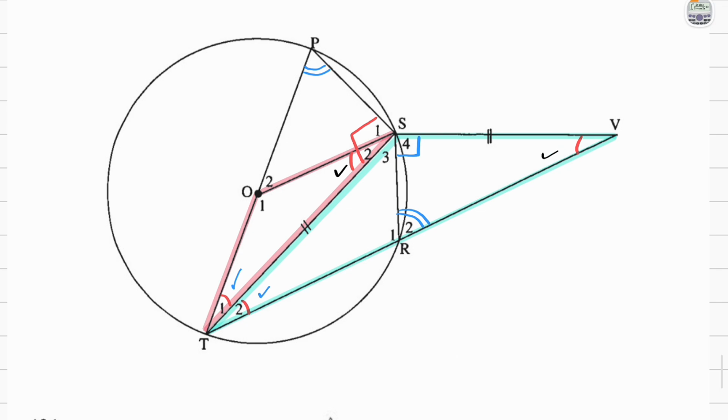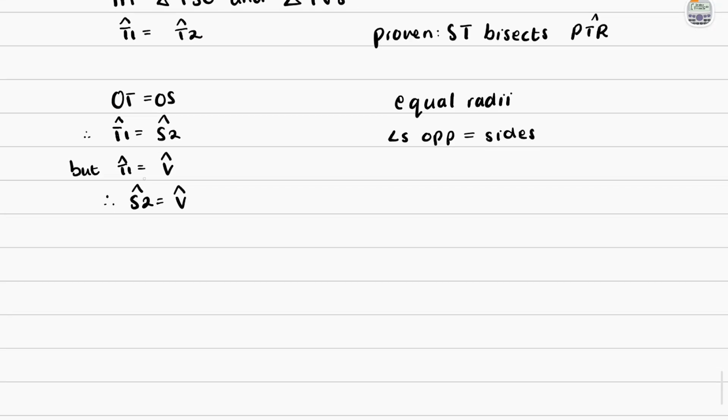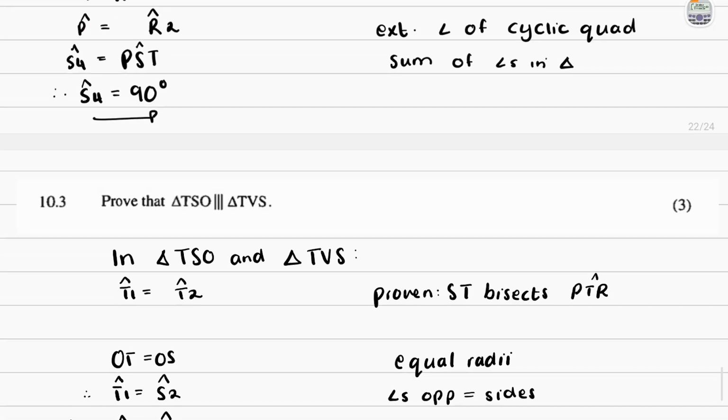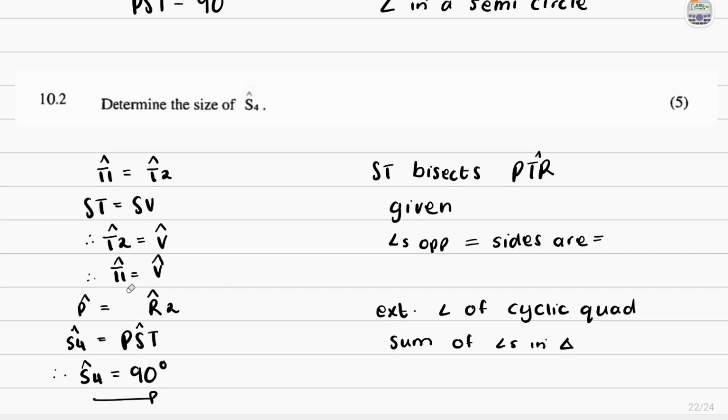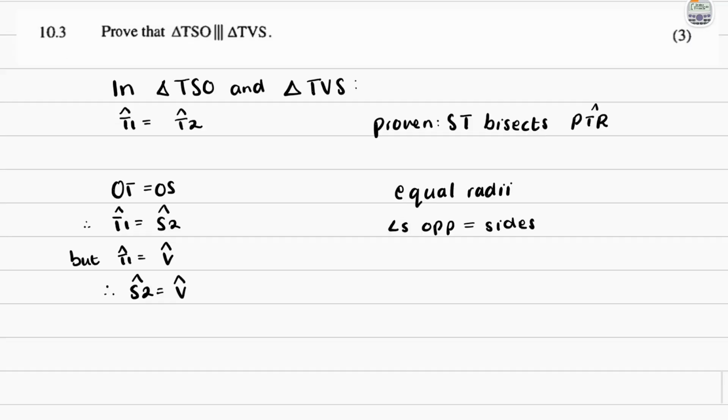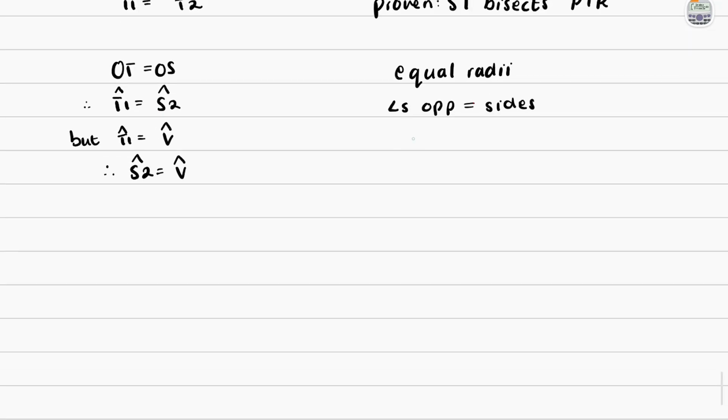We can see these two are equal. The reason these two were equal is something that we already proved, so we're able to show them that we concluded T1 was equal to angle V. I'll just say that this has been proven.